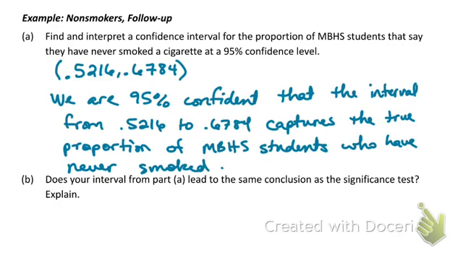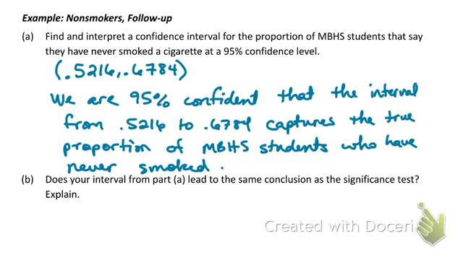All right, so our final question here is, does our interval lead to the same conclusion as the hypothesis test? So remember, in our hypothesis test, we rejected 68% here at McKinney-Boyd High School. We rejected it and said that it's not equal to 68%. Here's our interval. We believe that the true value is in this interval.